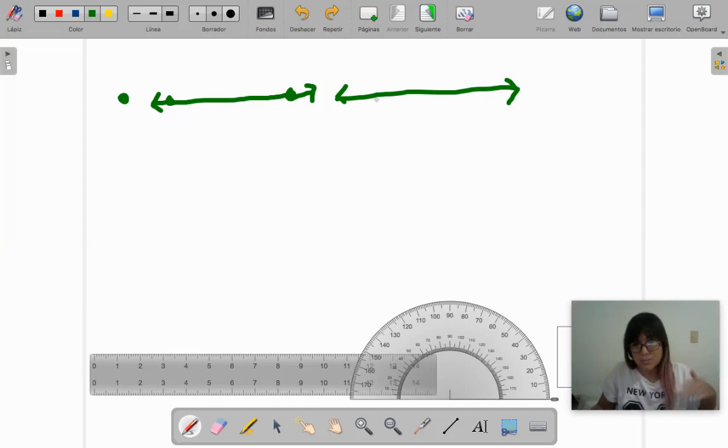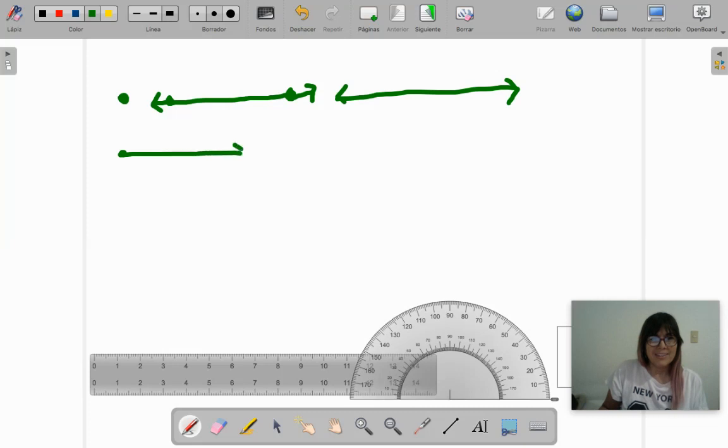If it doesn't have the points, it's a line. Then, who remembers what this is? Oh, I heard a lot of you saying it. It's a ray. Exactly, this is a ray.